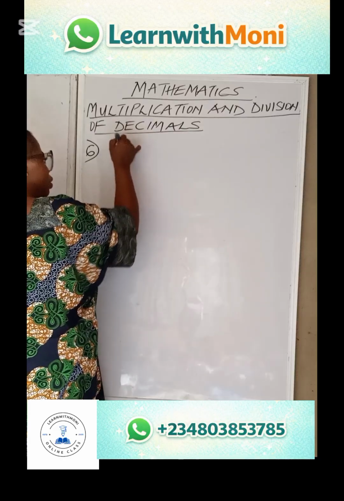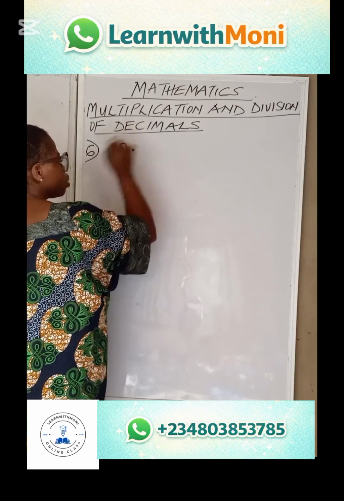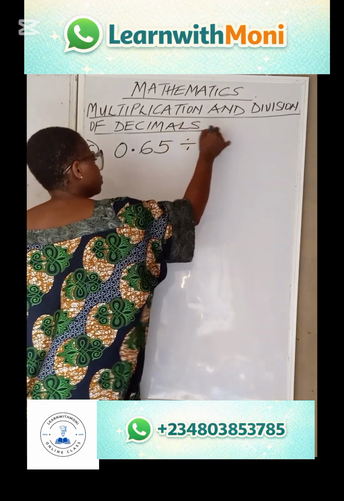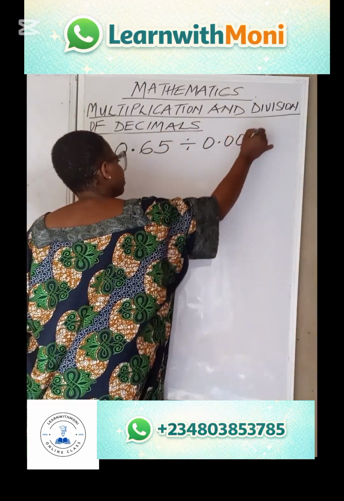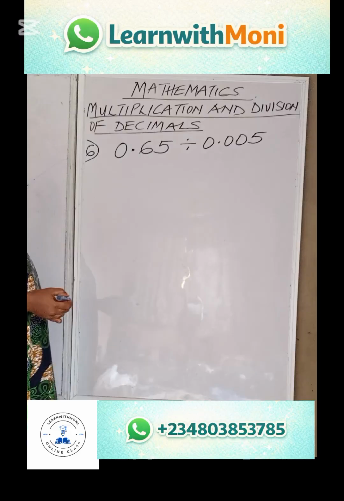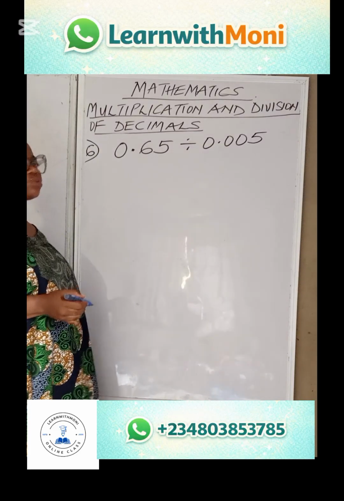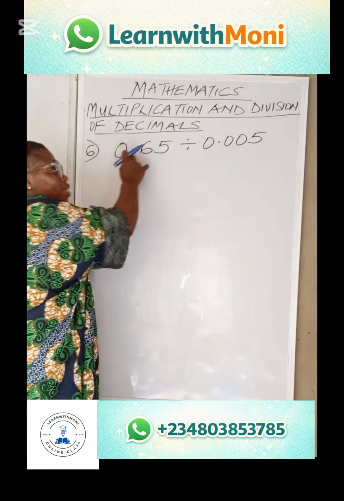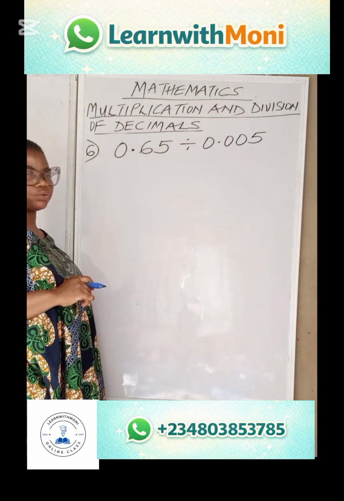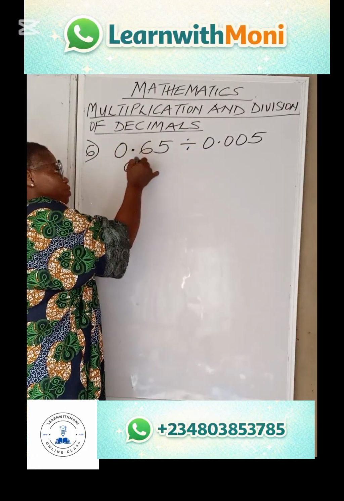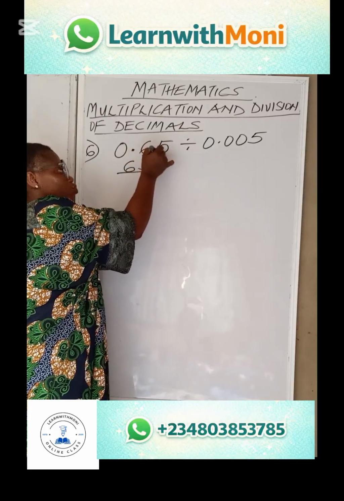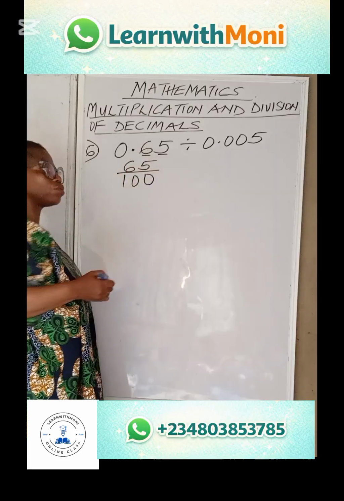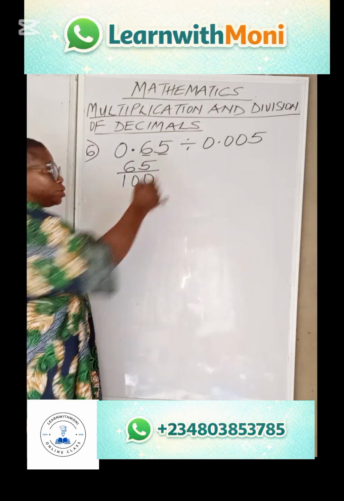I have a situation where I have 0.65 divided by 0.005. Let us divide 0.65 by 0.005. That is decimal divided by decimal. We will convert each of them to fractions. This is 65 over 2 digits at the back of the decimal point. That is 2 zeros in my denominator. That is 65 over 100.